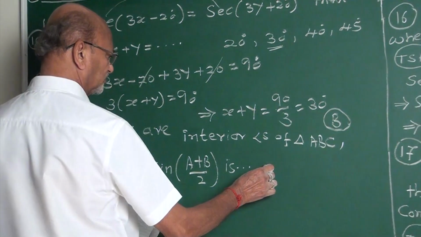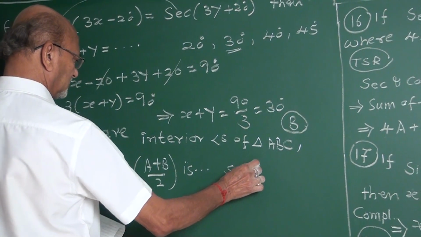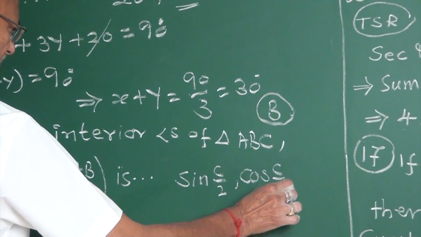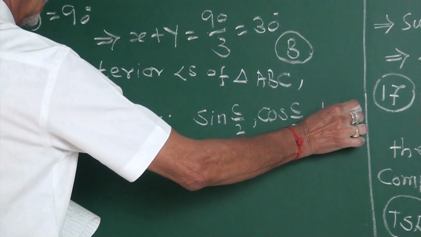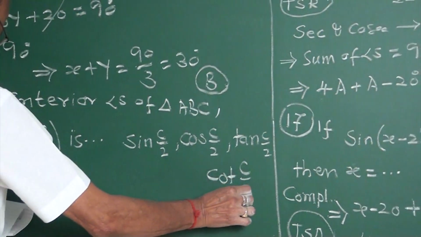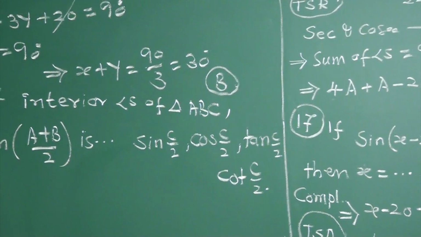These are the options: sine C by 2, cos C by 2, tan C by 2, cot C by 2.